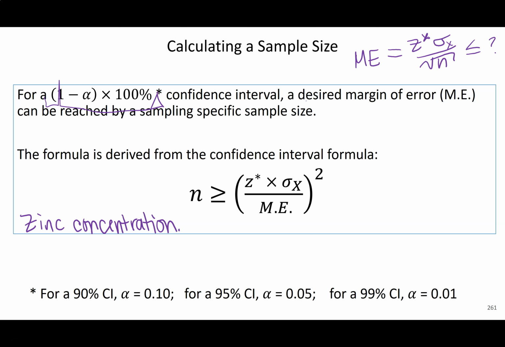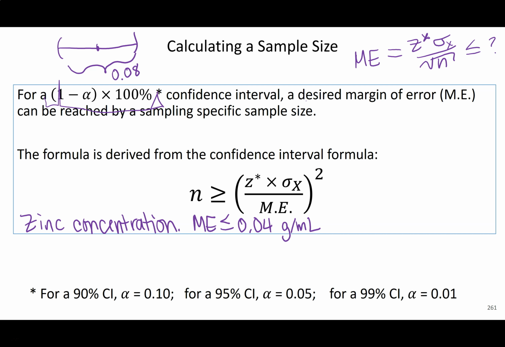We want the margin of error to be no bigger than, oh gosh, the handwriting is so bad, 0.04 grams per milliliter. So that means that when I have my interval, the entire interval is not going to be any wider than 0.08 grams per milliliter. That's how precise we want to get it.